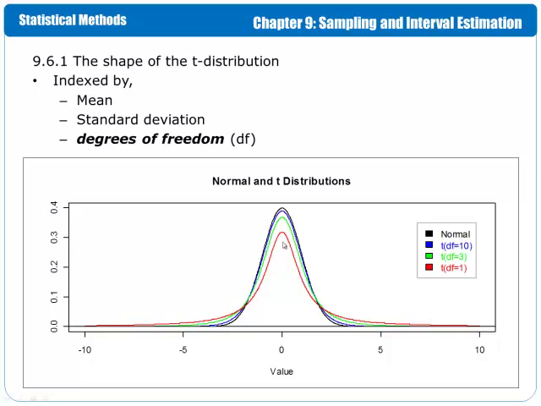The lowest peaked distribution, the one that is most spread out in the tails, is a t distribution with only 1 degree of freedom. Then the green one, the next one up, is a t distribution with 3 degrees of freedom, and the blue one is with 10 degrees of freedom. So you can see that as the degrees of freedom are increasing, so is the peakedness of our distribution. And it's getting closer and closer to being the same thing as the normal distribution.